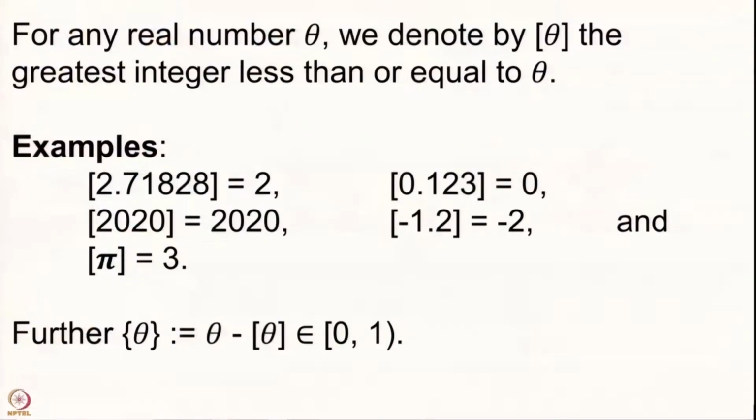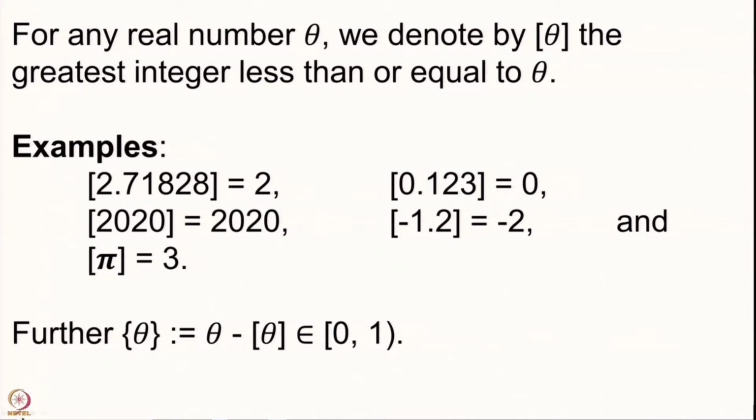So, we would also like to keep track of the difference between your number theta and the floor function applied to theta, and there is a notation for that. This is denoted by curly bracket theta. By definition, this is theta minus square bracket theta.